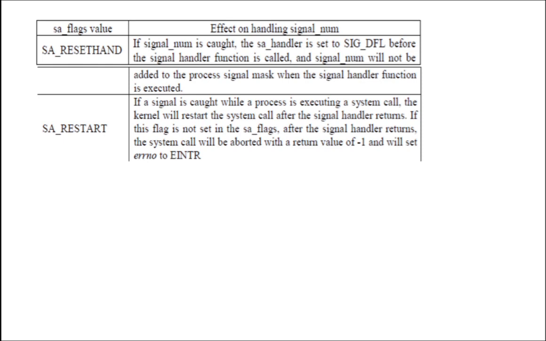To reset the action to the default value, you have to use SA_RESETHAND. Next, SA_RESTART. If the signal is caught while the process is executing a system call, the kernel will restart the system call. Whenever a system call is executing, if the process receives a signal, you have to restart the system call, because you have to process that signal first. To restart that system call, you can use the SA_RESTART flag value.